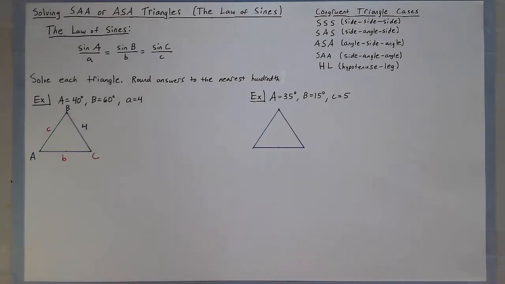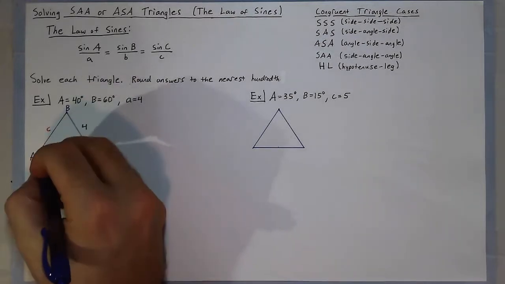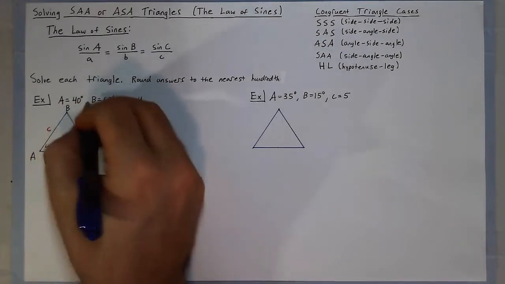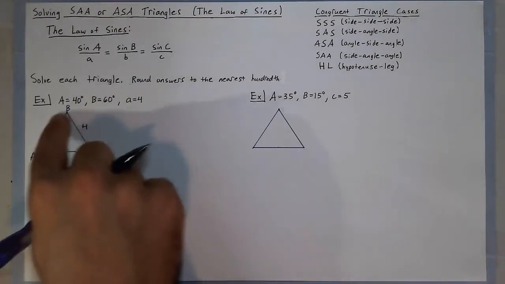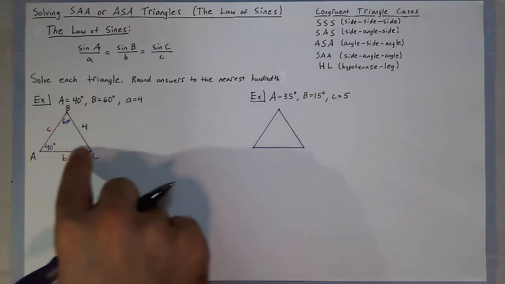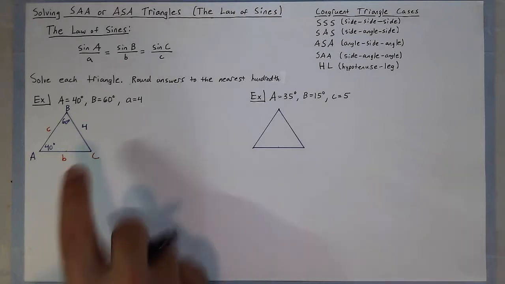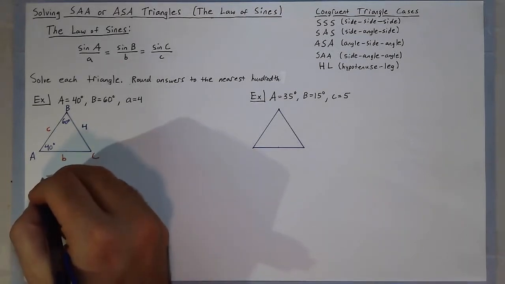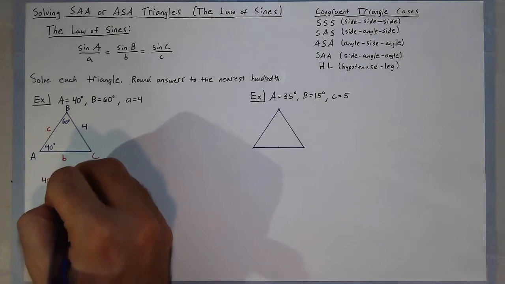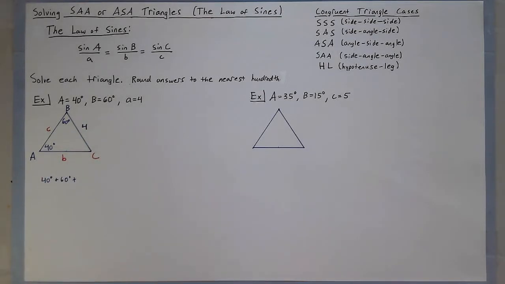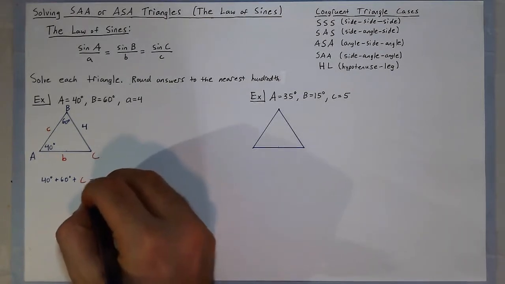So first, I'll start with finding the angle, because given the fact that angle A is 40 degrees and angle B is 60 degrees, then I know that triangles have a total degree amount of 180, and I can use that to find angle C, because I know that 40 degrees plus 60 degrees plus C must equal 180 degrees.